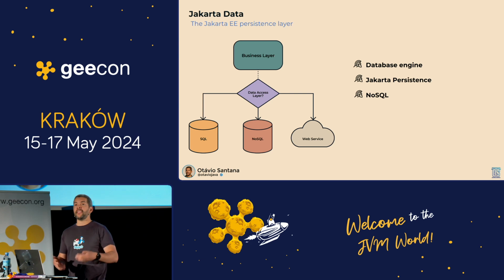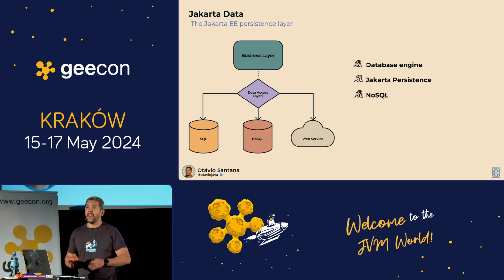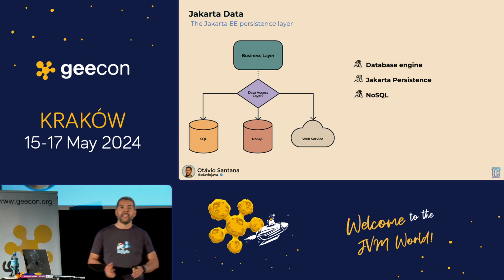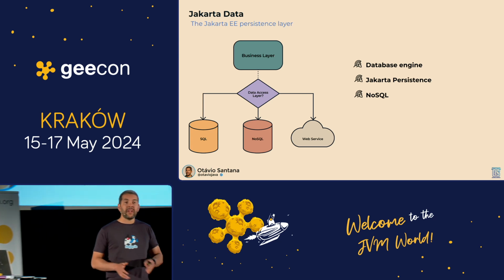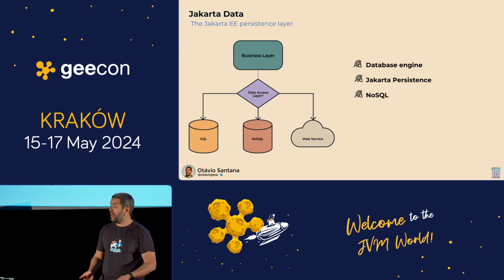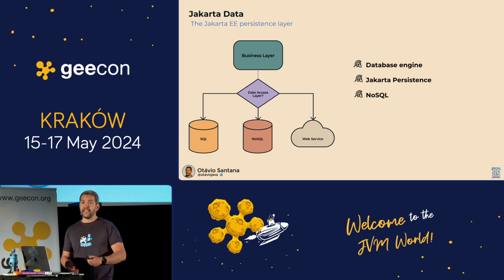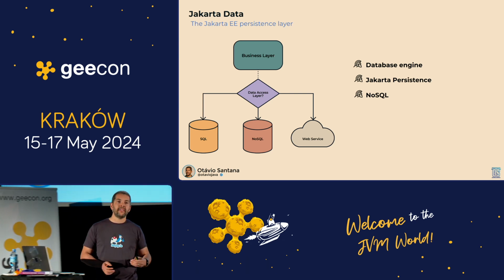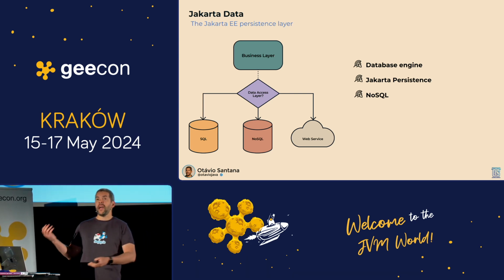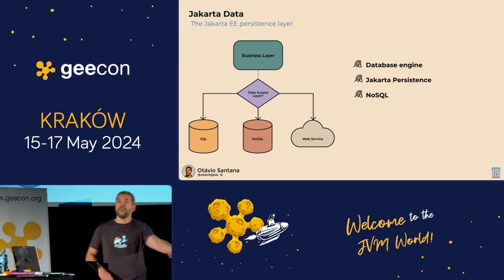Then you can ask yourself, what kind of database do I need to use? If you're going to use a relational database, that is naturally Jakarta Persistence, formerly JPA. On the other hand, Jakarta NoSQL.